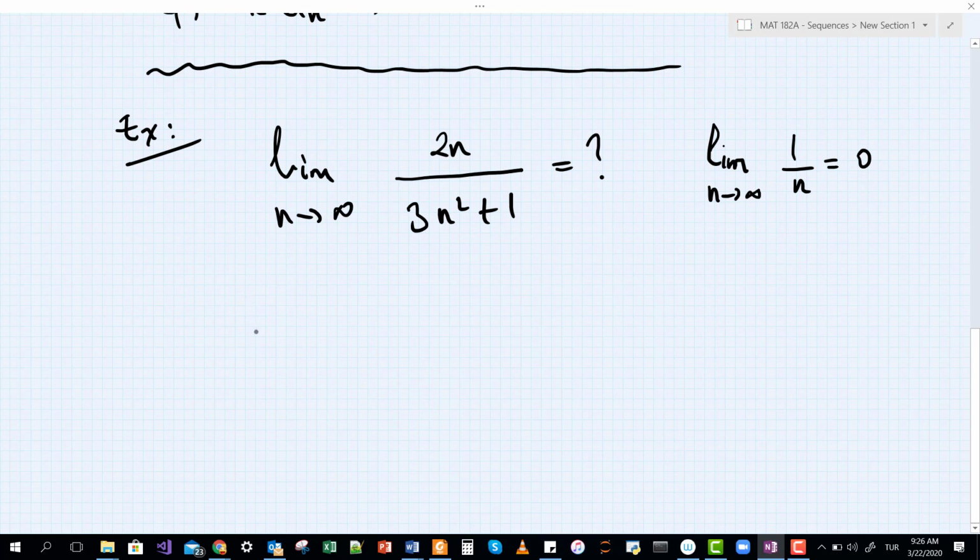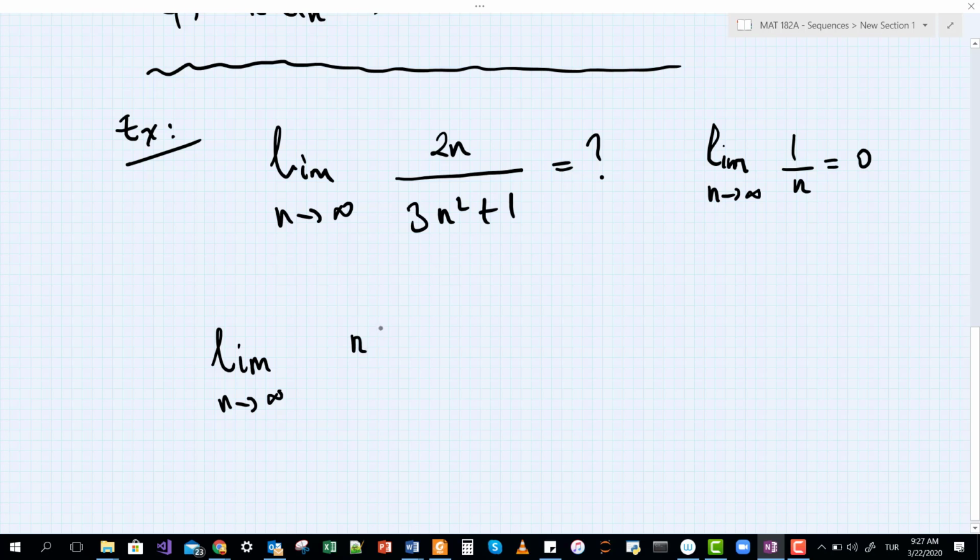So my main problem turns into this: how can I use the 1 over n limit, which I know, to solve the problem given to me? Later we will learn a better technique, and you were right to ask me about L'Hopital's. But if I want to use this combined with the main limit theorem, I should do this.